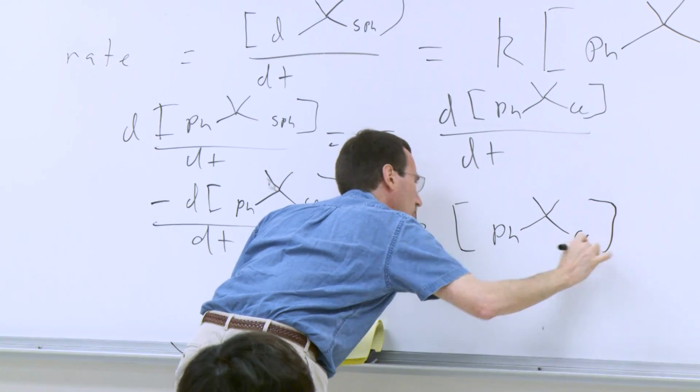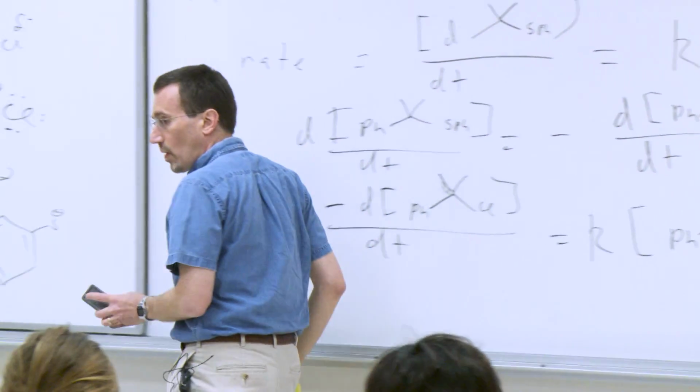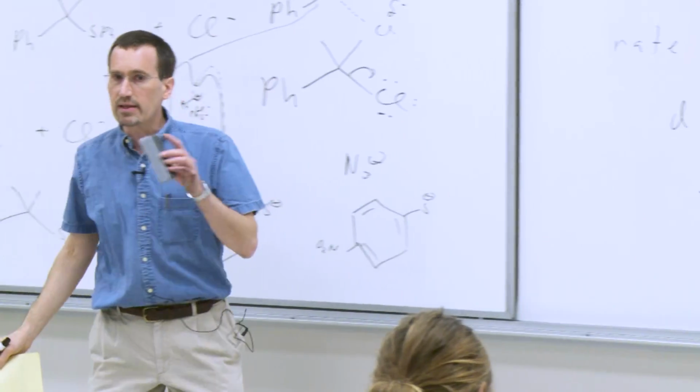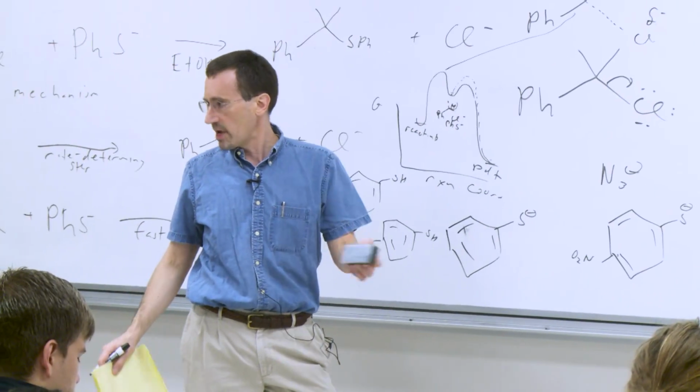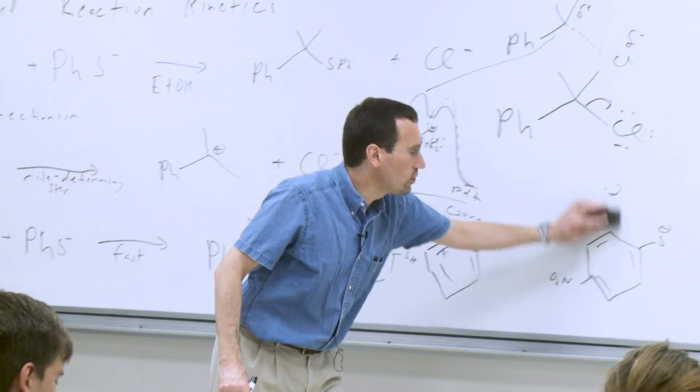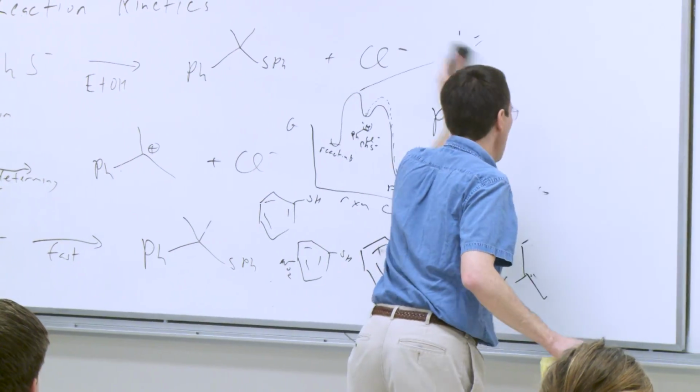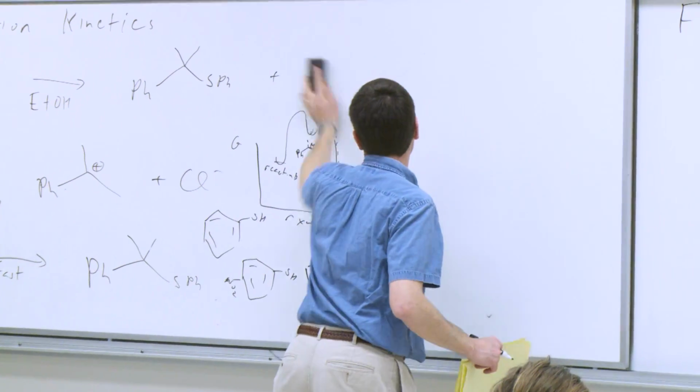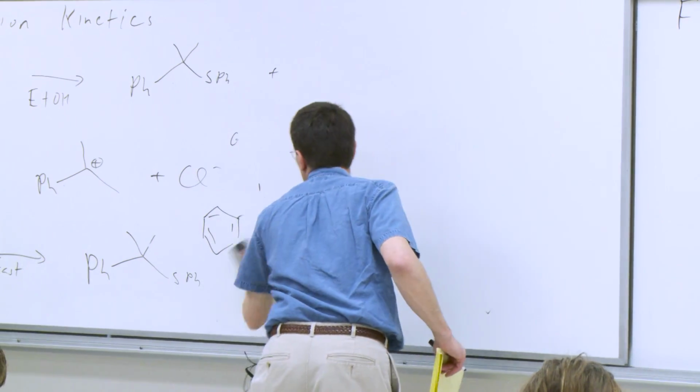And what I want to do is develop an equation that allows us to relate the concentration of reactant or product to the rate constant and the time as the reaction progresses, the integrated rate equation.